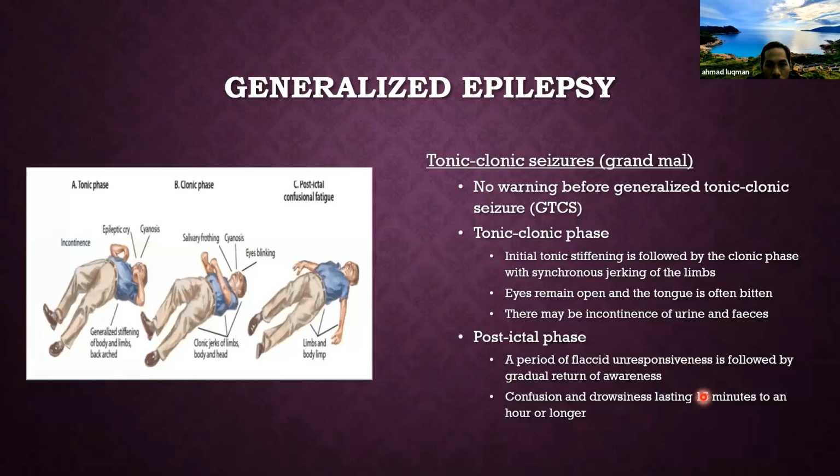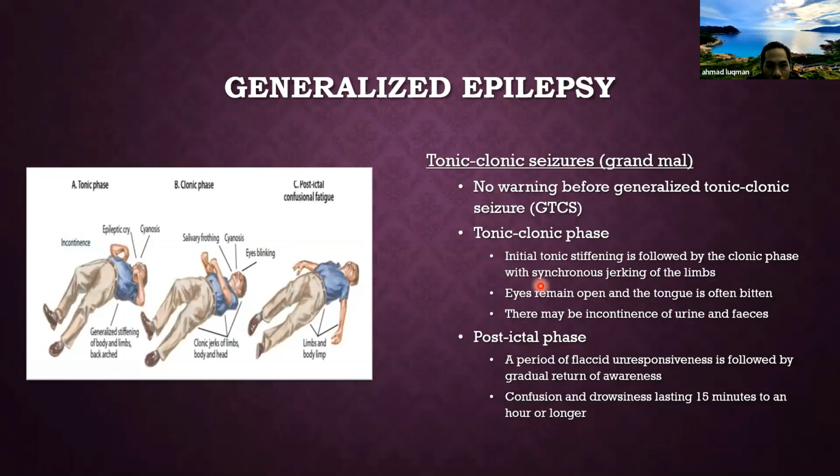The next one is tonic-clonic seizures, also known as grand mal. This type of seizure under generalized epilepsy has no warning, and it can be divided into a few phases, which are the tonic phase, clonic phase, and post-ictal phase. I'm sure it is very familiar, as Asma just mentioned just now.